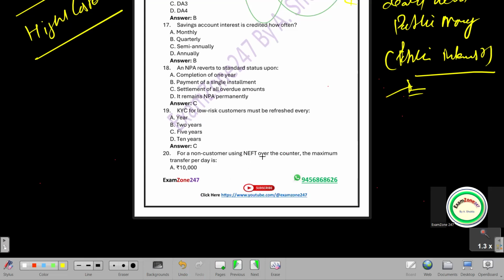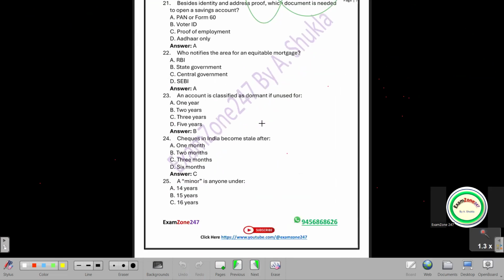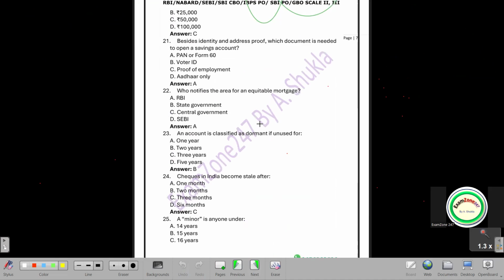Okay. For a non-customer using NEFT over the counter, the maximum transfer per day is... See, everyone might know this, but I am asking a different question. There is a customer who comes to your bank and asks for a DD. He does not have any account. He wants to make a DD in cash.